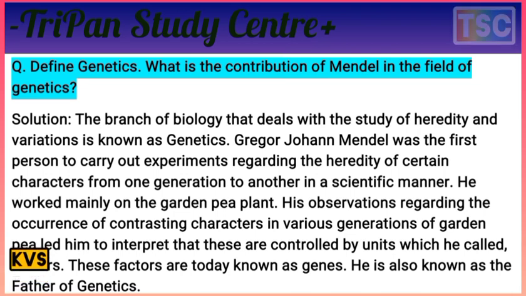His observation regarding the occurrence of contrasting characters in various generations of the garden pea led him to interpret that these are controlled by a unit which he called a factor, and this factor is today known as the gene.